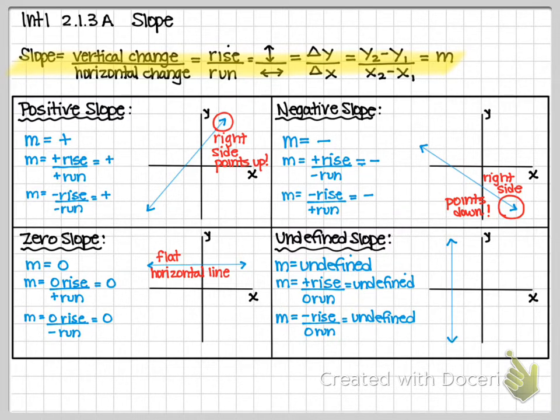It goes up and down, but it has no run. So we're going to say that this is a vertical line. So pretty important stuff on this first slide. Make sure that you have this recorded.